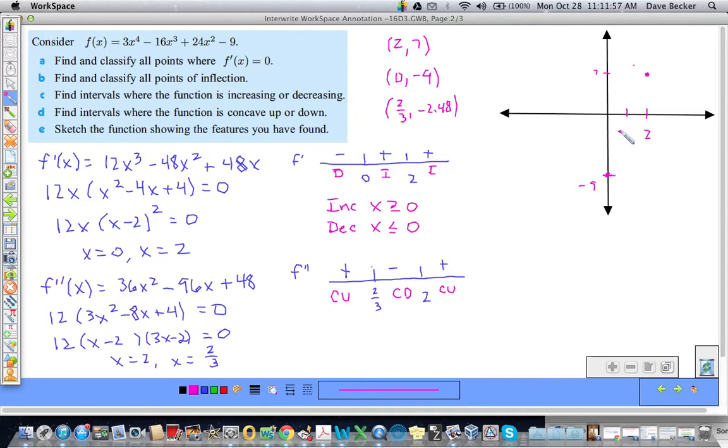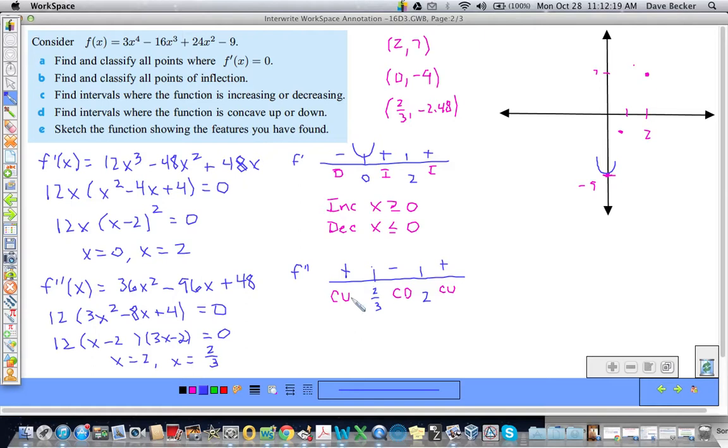And what's happening at these places? We know that the function is decreasing and then increasing, so we have a local min right here at (0, negative 9). Then we're increasing and increasing.